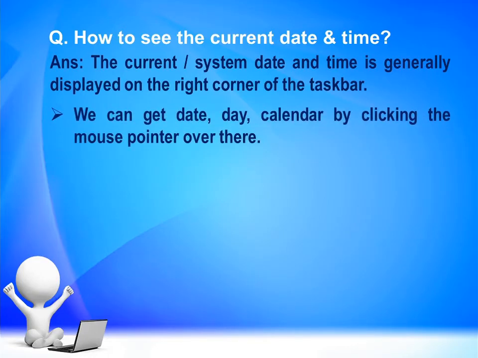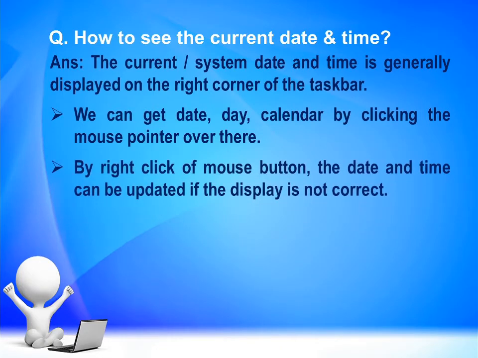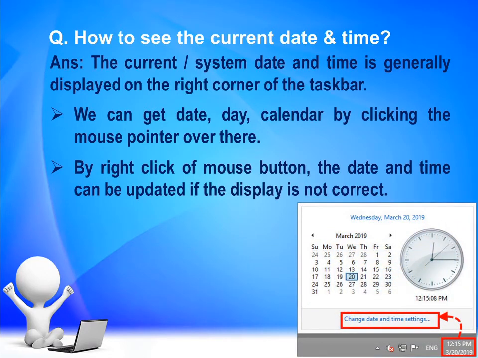We can get date, day, calendar by clicking the mouse pointer over there. By right click of mouse button, the date and time can be updated if the displayed is not correct. Now you can see here an image of that calendar.